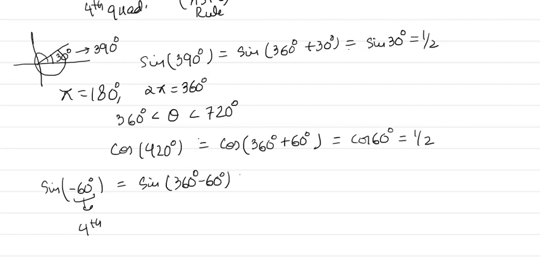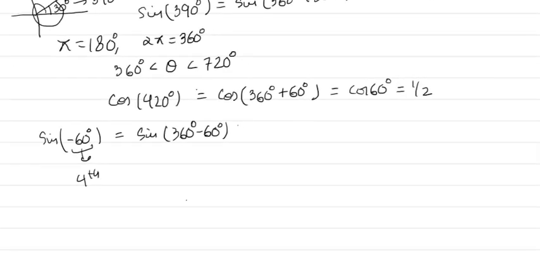Why? Because sine of 360 degree plus 30 degree is sine 30 degree, and sine of 360 degree minus 60 degree is sine minus 60 degree. Like that you can work. But if you want to memorize the formula, I can prove that sine minus theta is equal to sine of 360 degree minus theta. I can write like this.